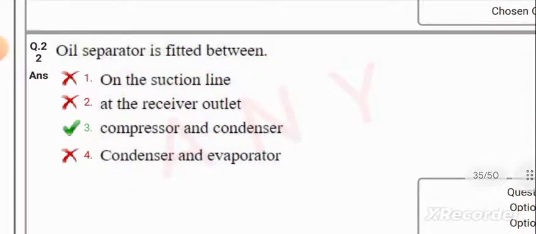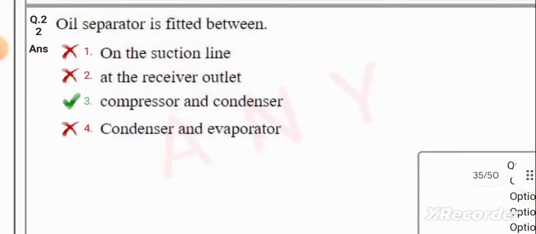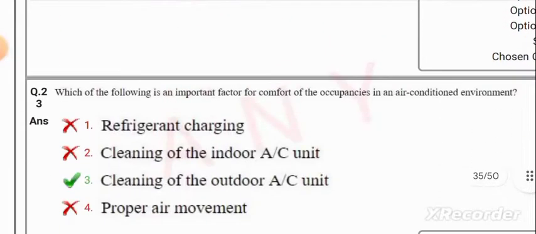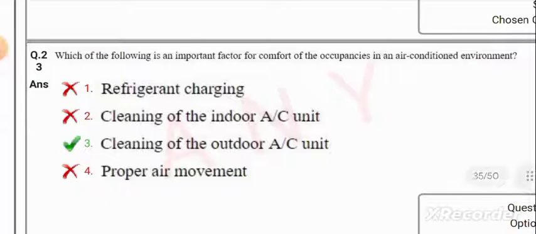Oil separator is fitted between compressor and condenser. Which of the following is an important factor for comfort of the occupancies in an air-conditioned environment? राइट आंसर होगा क्लीनिंग ऑफ द आउटडोर एसी यूनिट.